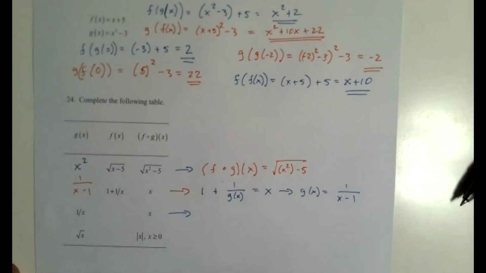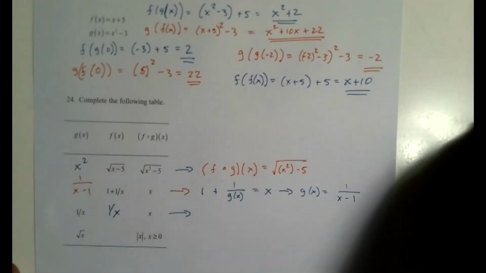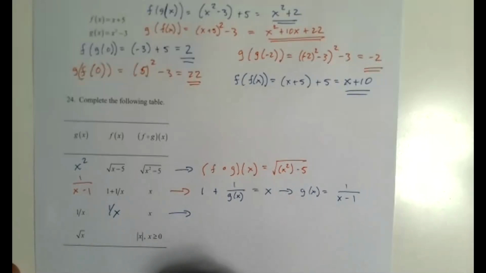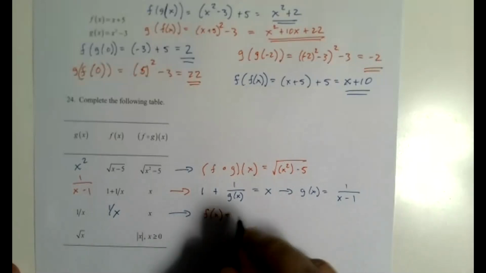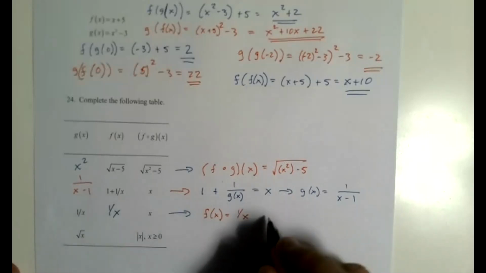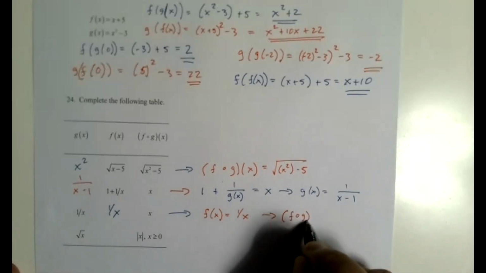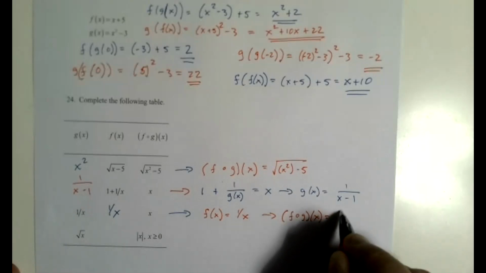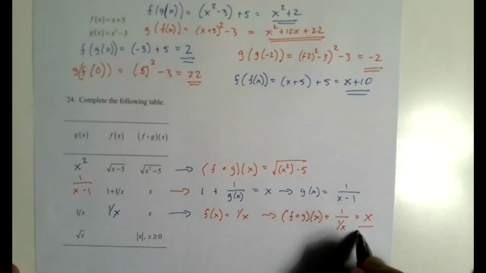Tricky. And then here, 1 over x. And f of x equals 1 over x. So f of g of x equals 1 over x equals x.